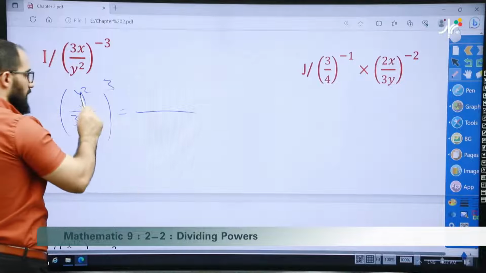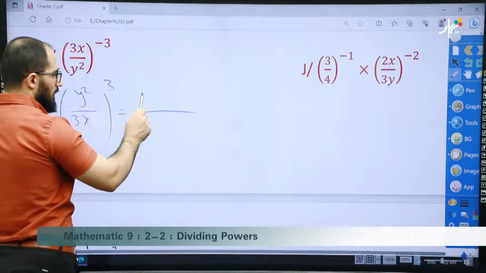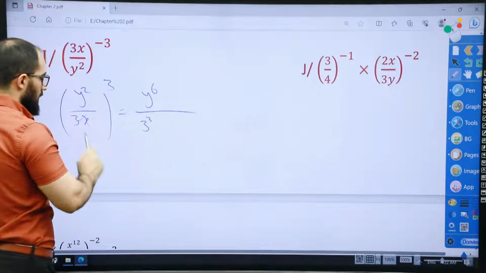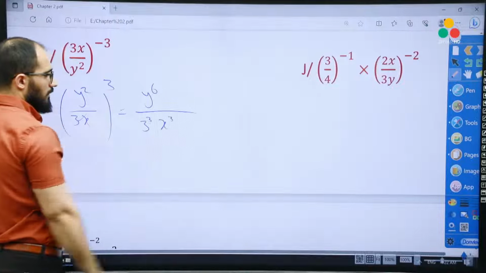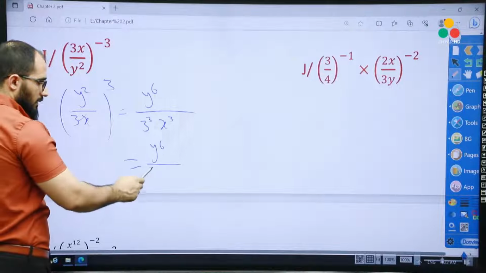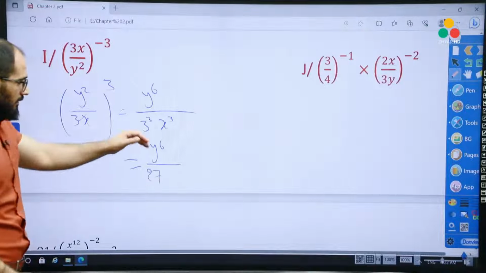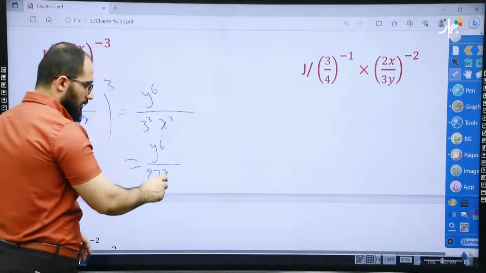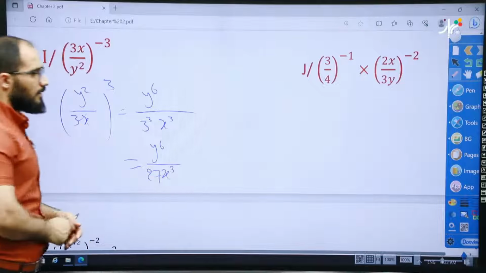It's going to be raising power 2 times 3, y power 6, 3 power 3, x power 3. So the result is y power 6 over 27, because 3 with the third power is going to be 27, and also x power 3.